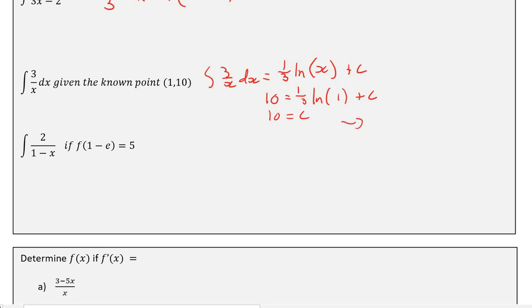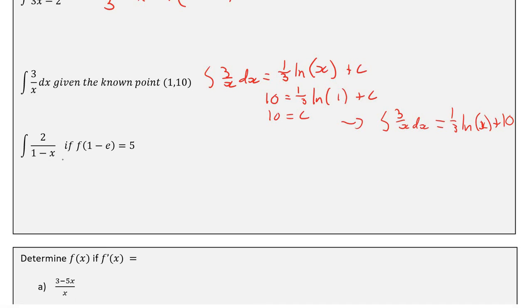Therefore, the integral of 3 on x dx equals 1/3 ln x plus 10. Okay.